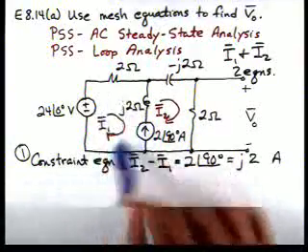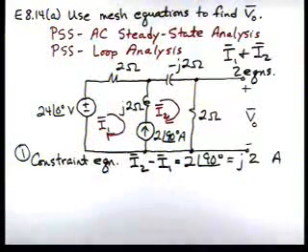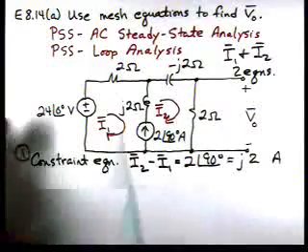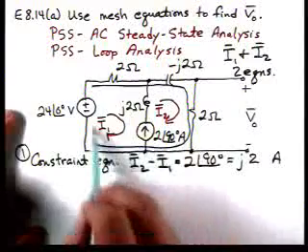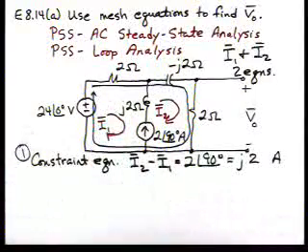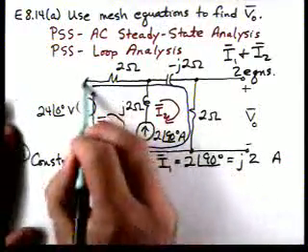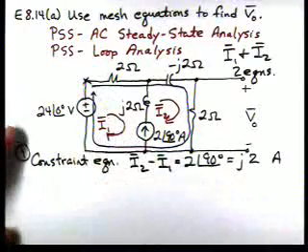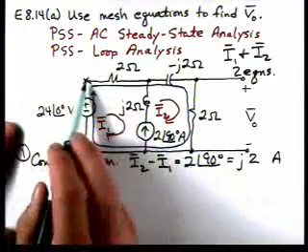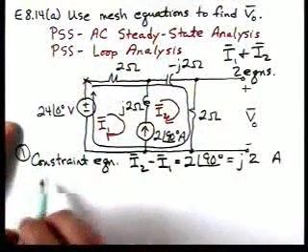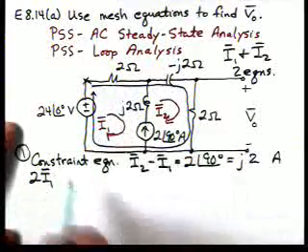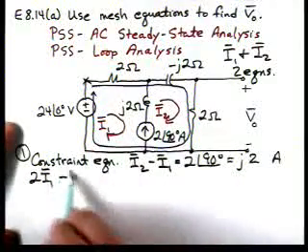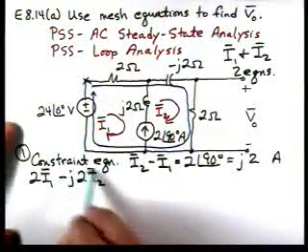Now we can't apply KVL to either mesh because of the current source, but to get our other equation, what we can do is apply KVL around that loop. And if we do that, starting at the upper left and going around, we'll have 2I1, the drop across here. Here we'll have minus j2 times I2.